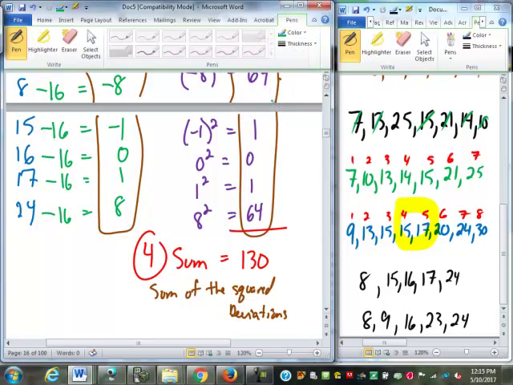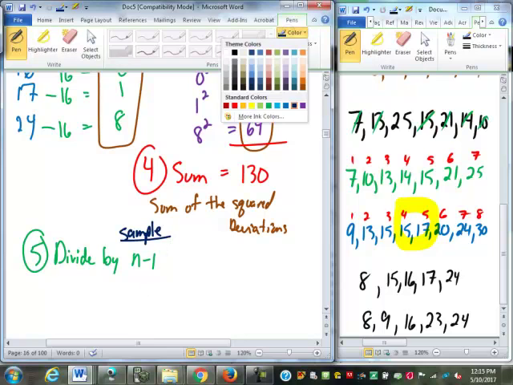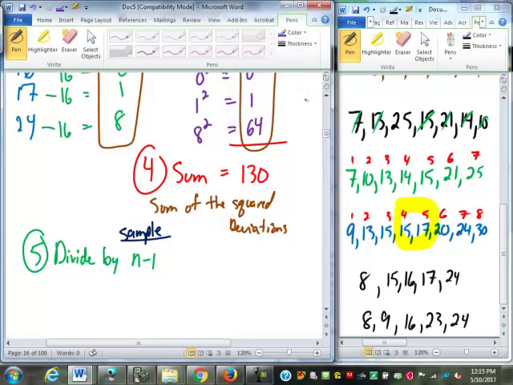Step 5. Divide by n minus 1. This is if it's a sample. If it's a population, you would divide by n. But we're assuming this is a sample since it's only 5 numbers. We're going to divide by n minus 1.